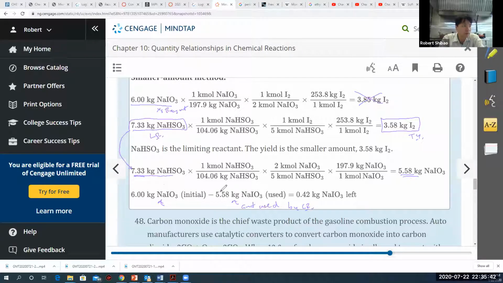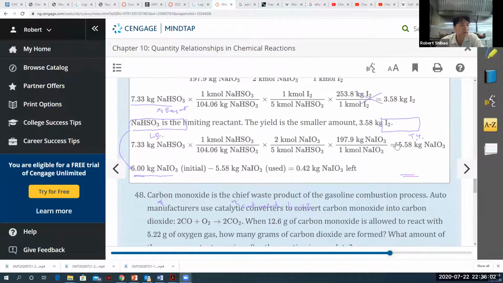And so we'll plug that in here, subtract, and we have about 0.5 kilogram unused left over. So again, this is the classic stoichiometry. This kind of calculation, you should know well, because that's a standard calculation. And so you can practice those.